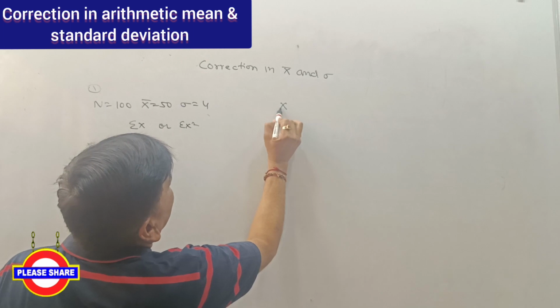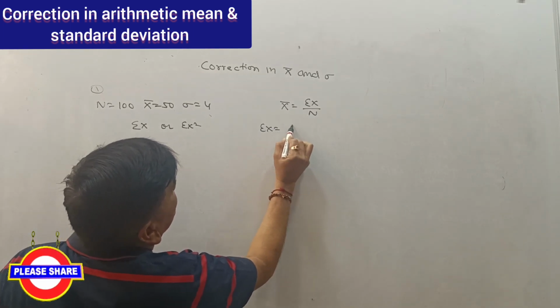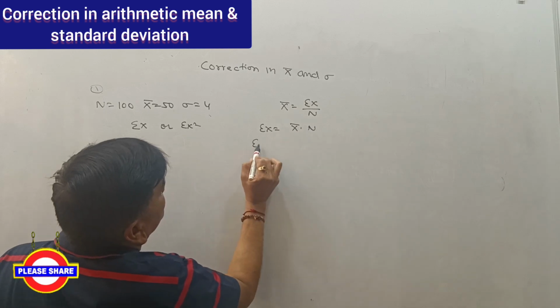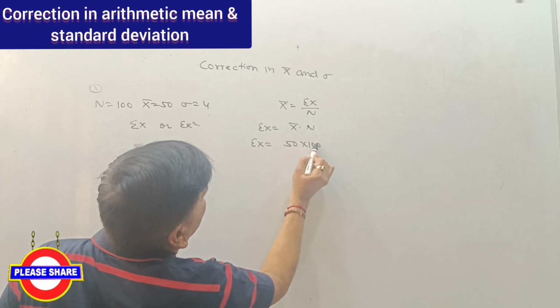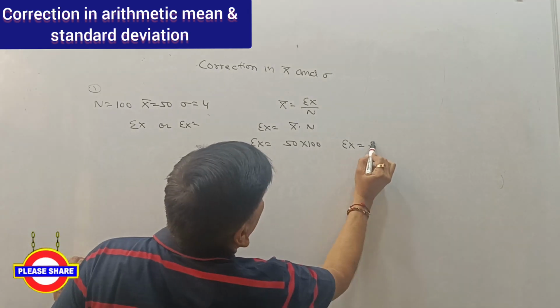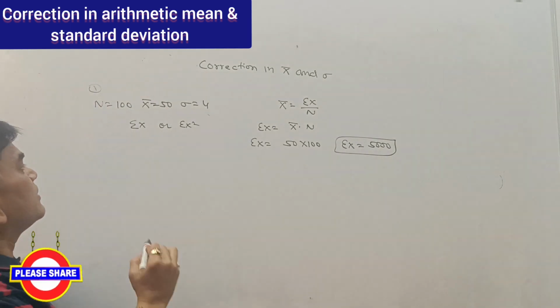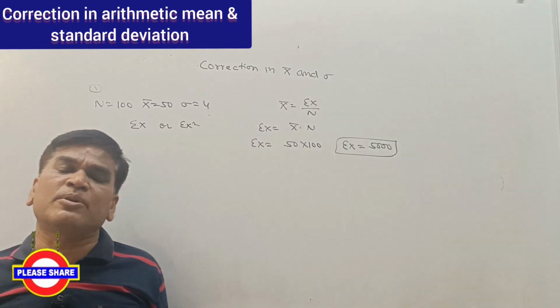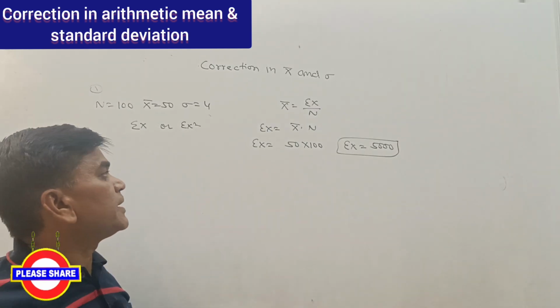As we know, x bar is equal to sigma x divided by n, so sigma x is equal to x bar multiplied by n. So sigma x is equal to 50 multiplied by 100. So the sum of all items is 5000.